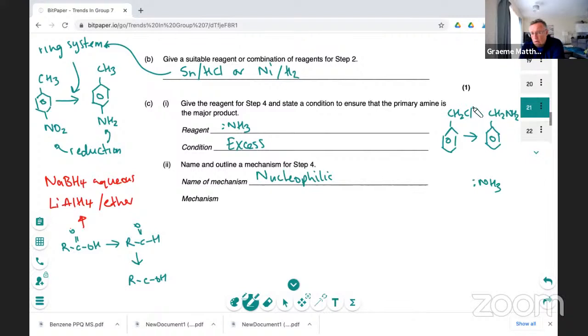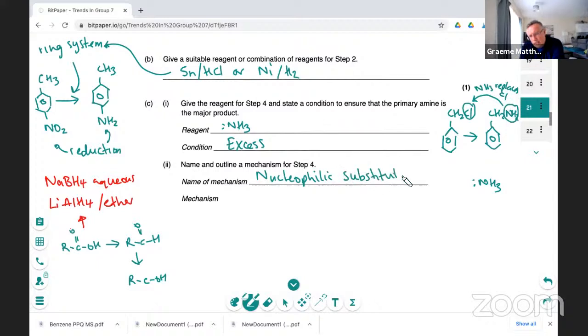I see the chlorine right there is being replaced by the amine. All right, so the arrow's going this way. You can put down the NH3 replaces the chlorine, so the nucleophilic substitution.